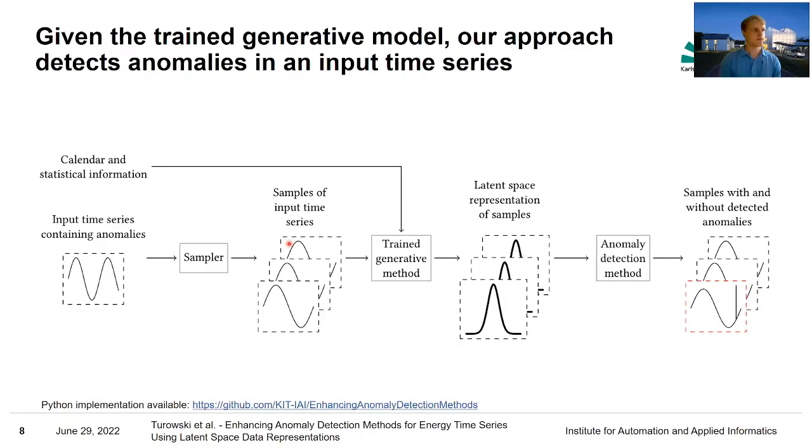Once it is sampled, we can use these two inputs for the trained generative method, which then uses the learned mapping to create the latent space representation of the input samples. These samples in turn can serve as an input for an arbitrary anomaly detection method that then detects the samples with and without anomalies.